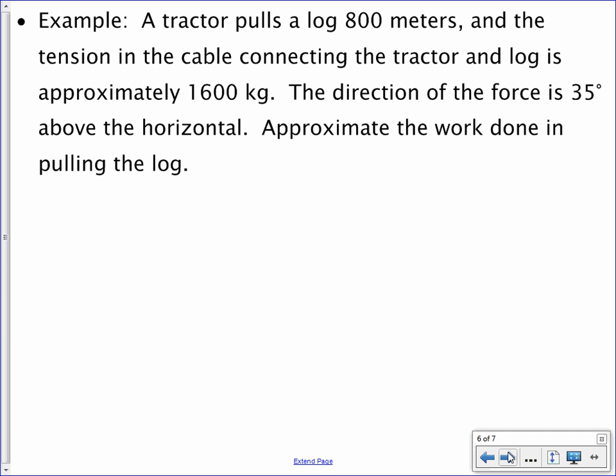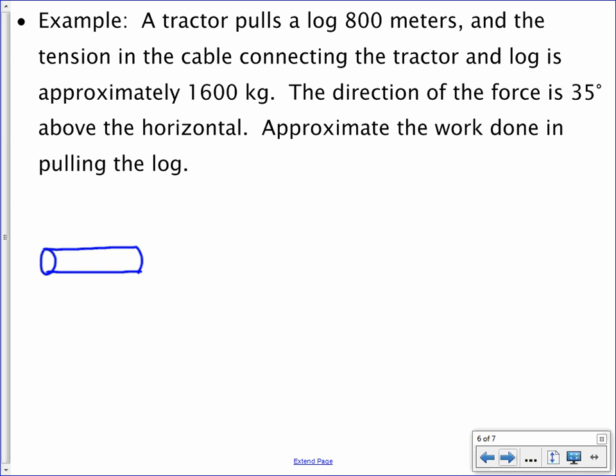A tractor pulls a log 800 meters, and the tension in the cable connecting the tractor and log is approximately 1,600 kilograms. Okay, 1,600 kilograms represents what? The force. A weight is considered a force. The direction of the force is 35 degrees, and we want to know the work done pulling the log. I'm going to attempt to draw a picture here.